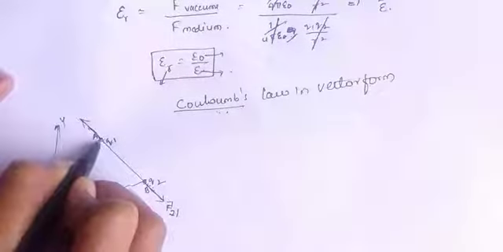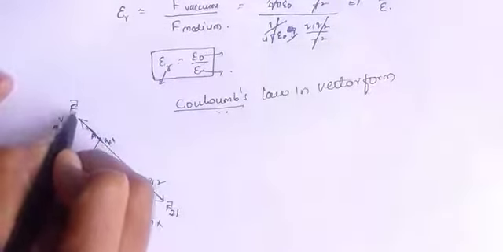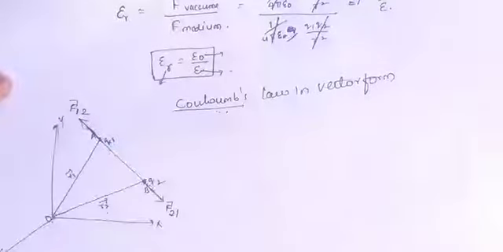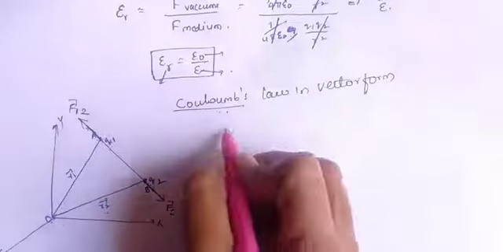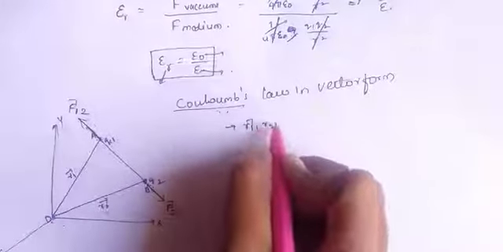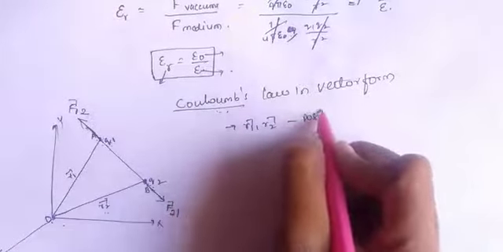So this is the force acted on charge 2 due to 1. Now q2 applies force on q1, but as both are positive charges, q1 moves away from q2, because there exists a repulsion force between them. So this is the force direction, the force on q1 due to q2. Now r1 and r2 are the position vectors.